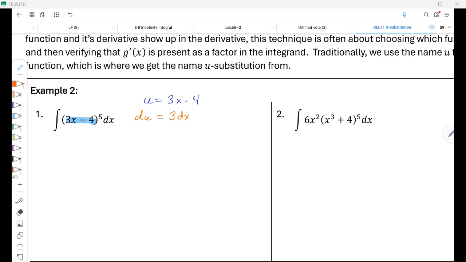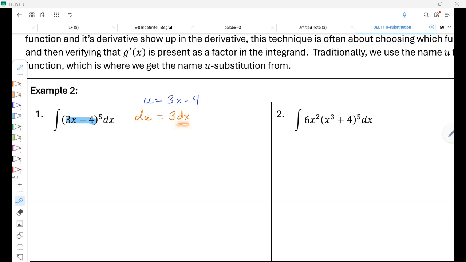What we need to do next is make an integral in terms of u instead of x that is algebraically equivalent to the integral that we have. That really is the key. If you're not algebraically equivalent, you're writing the wrong thing. So our integral has 3x minus 4 in it, and it's got a dx.